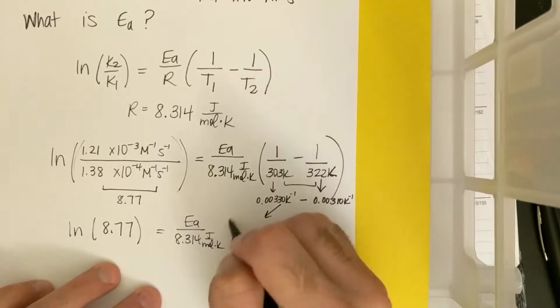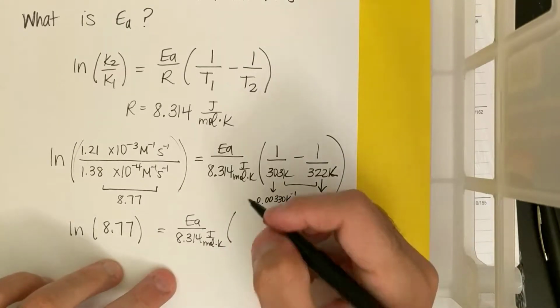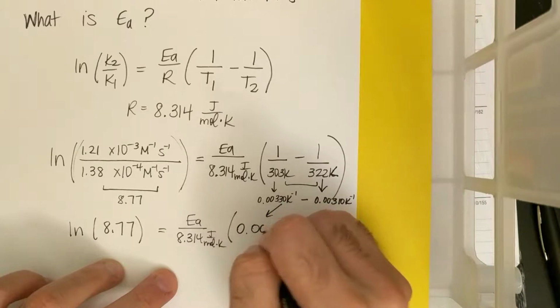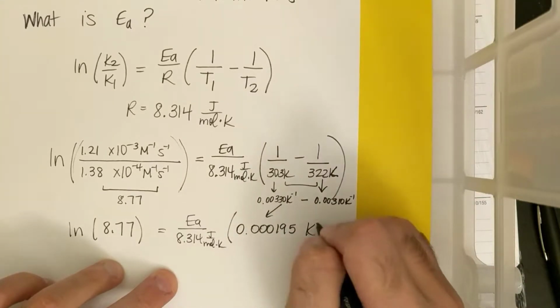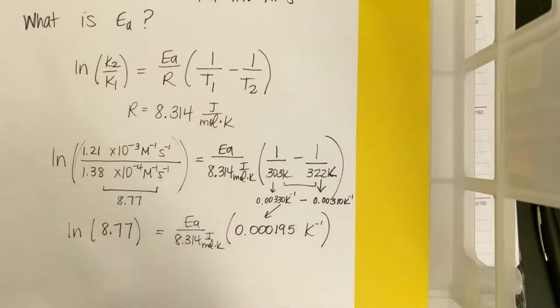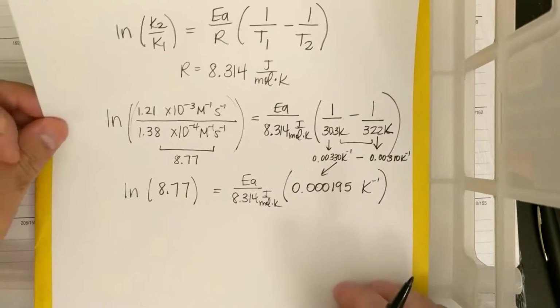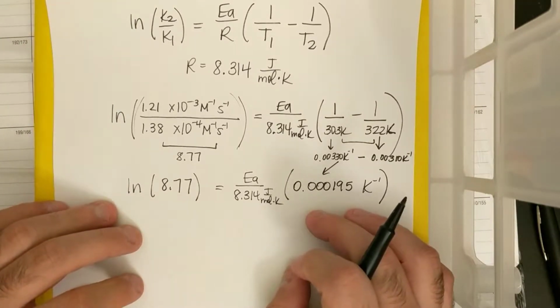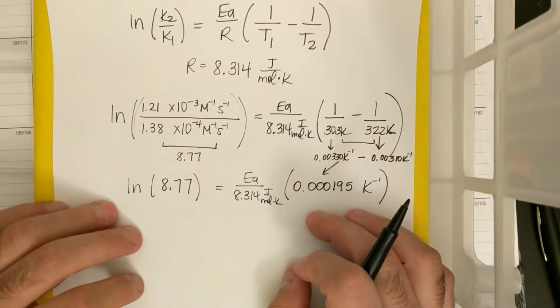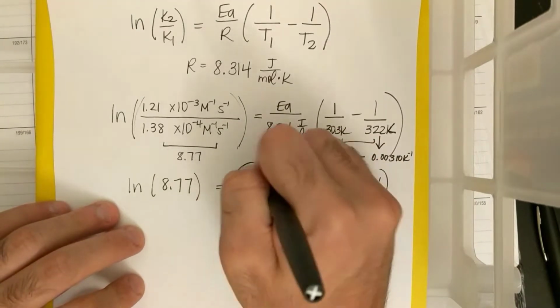And if I bring it down, I'll get 0.000195 per Kelvin. Okay? So I just did that with the calculator. Now, the question wants you to solve for EA, so I have to isolate this EA.